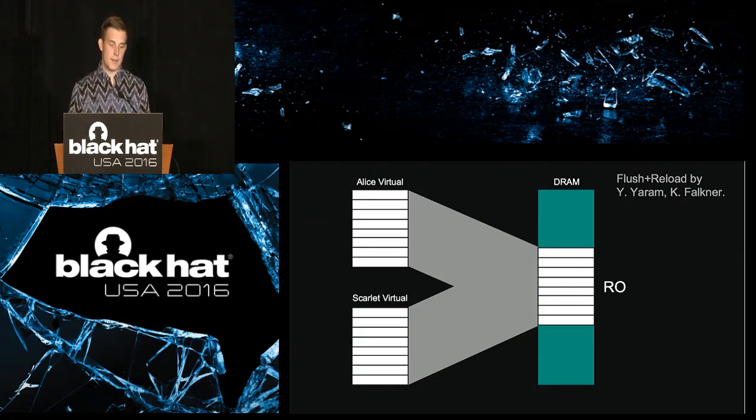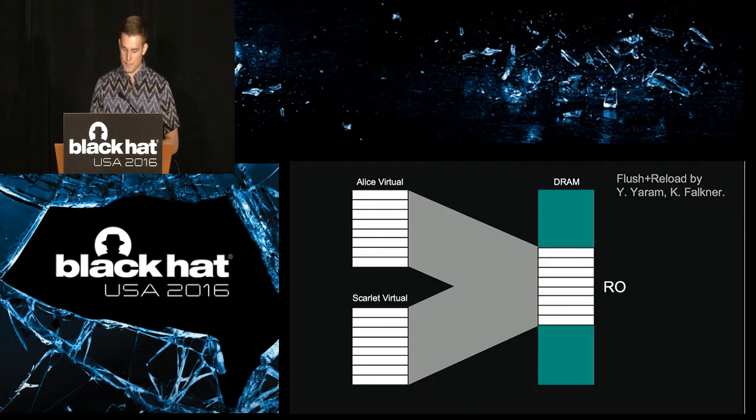So what it does instead is use the page tables to map Scarlett's virtual memory into the exact same physical memory. This should be okay because the memory is read-only, right? So there should be no way that Scarlett and Alice can influence each other through this shared memory.